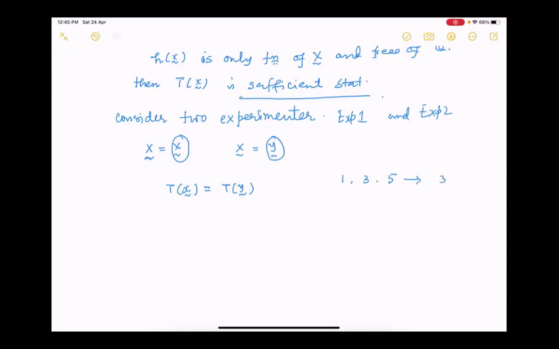Another person is observing, say, 2, 3, and 4, and in this case also the average will be 3. So two different realizations, this is small x tilde and this is small y tilde, but the same statistic: T of x tilde is 3 and T of y tilde is 3.